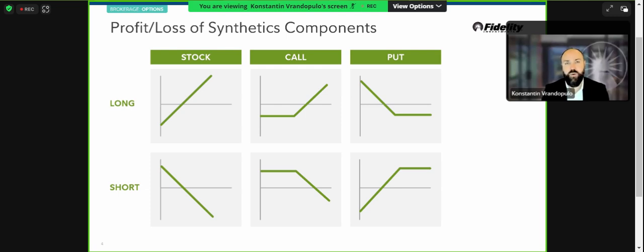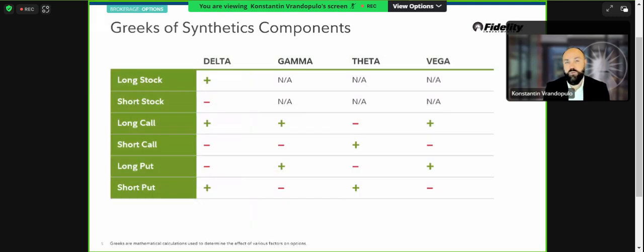If the long side of the equation is the simplest thing that comes naturally to you and you understand it, just think of the opposite side of that spectrum or that equation, and you will understand what the other side is like from the P&L perspective. So it's not like we're reinventing strategies here, okay? We're just looking and thinking about them in a myriad of ways through some simple algebraic equations. All right, very good.